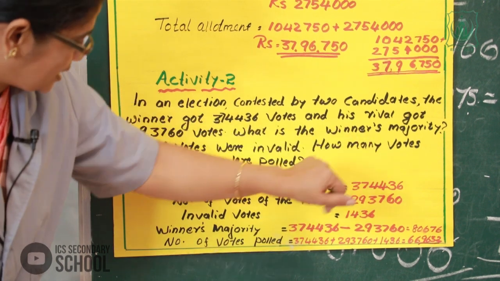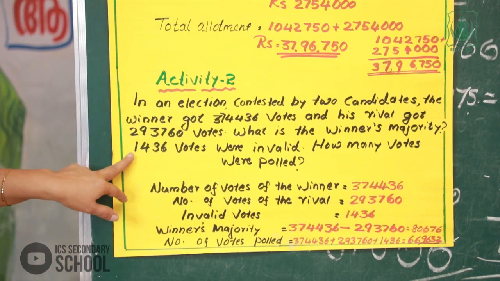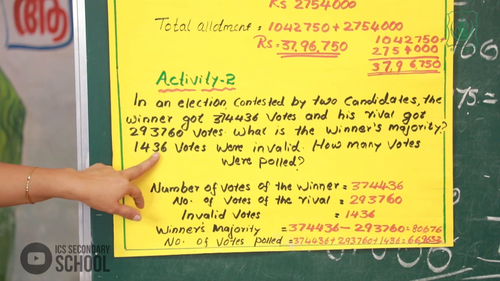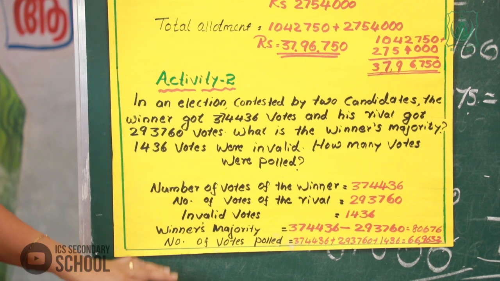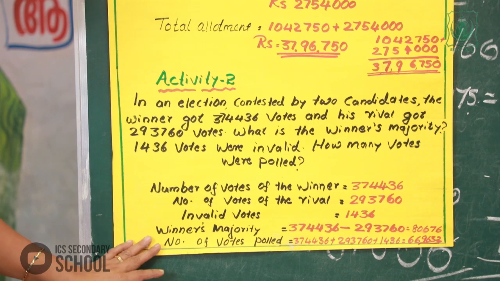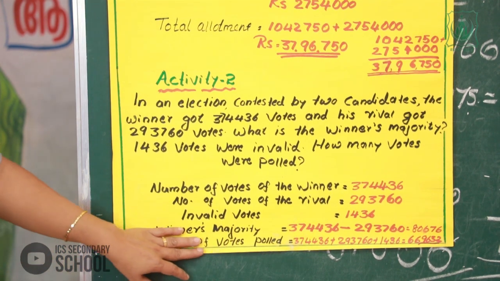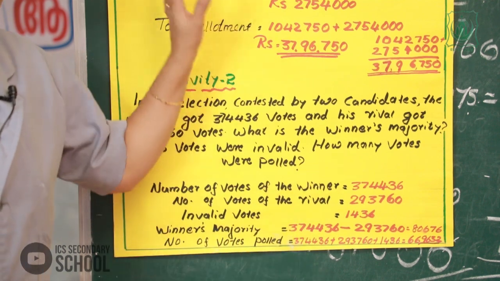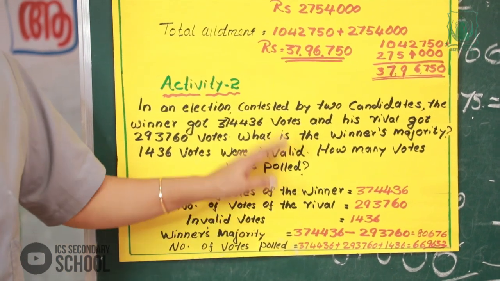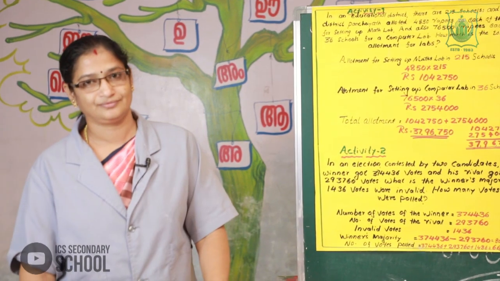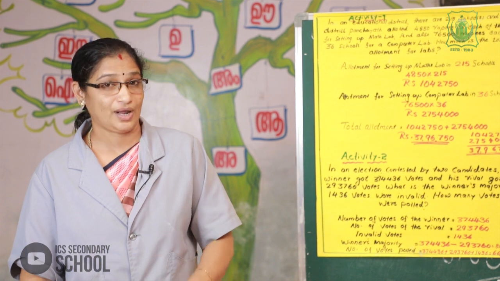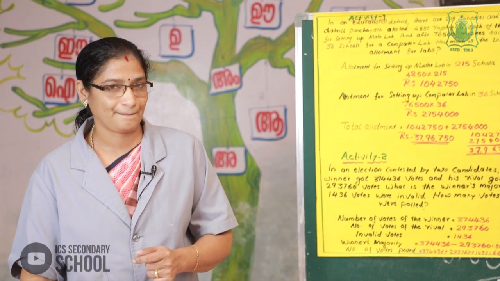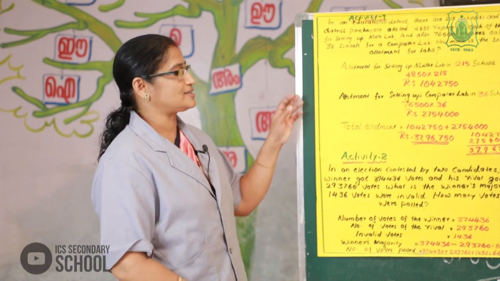What is the winner's majority? And 1,436 votes were invalid. How many votes were polled? Find the number of votes of the winner, the rival, valid votes, winner's majority, and votes polled. Use multiplication and addition in this part. Are you finished? No doubt? Okay. Next activity.